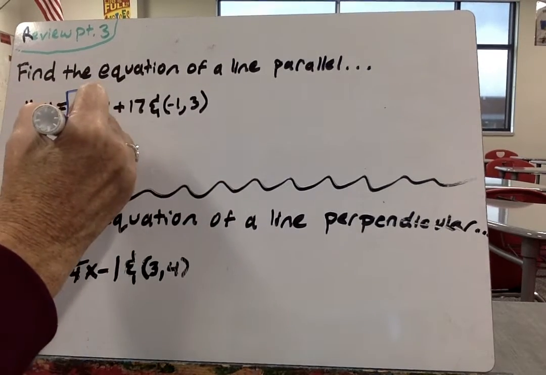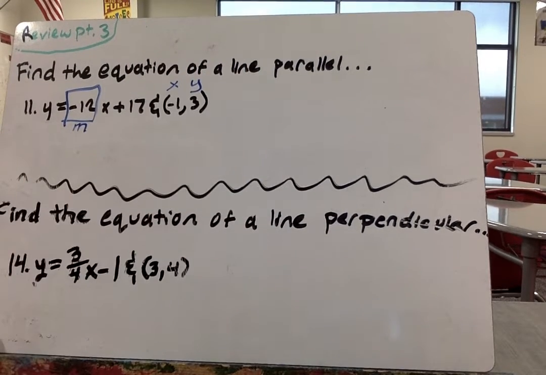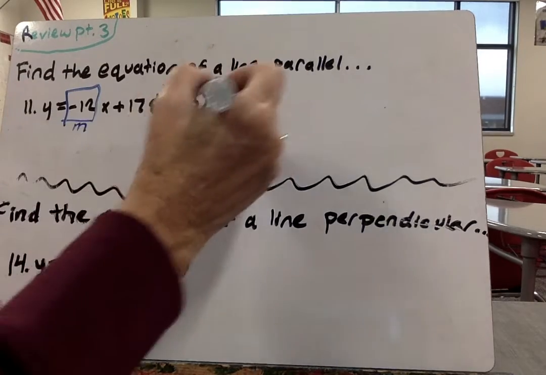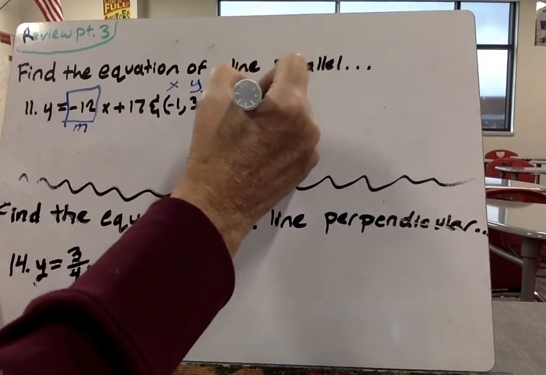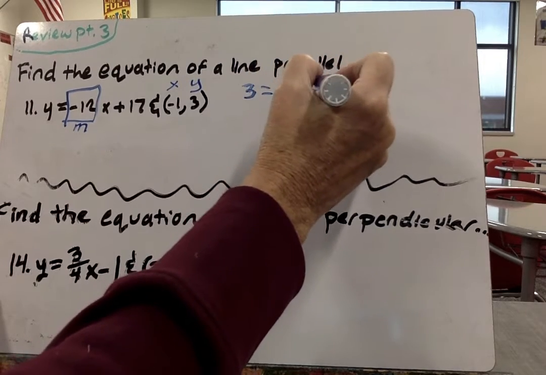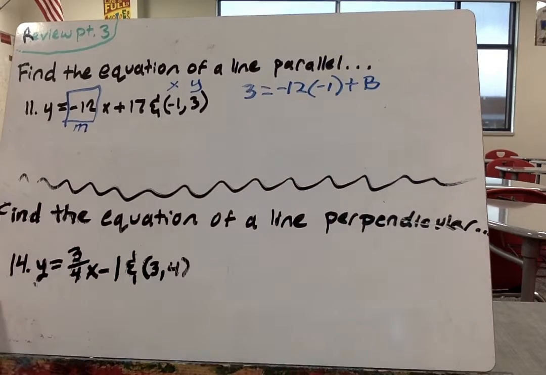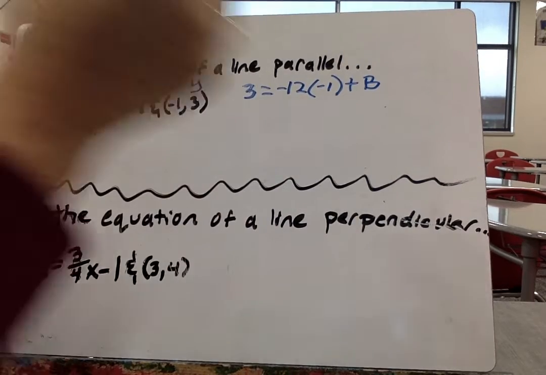So we know our m, we know an x and a y, we just don't know b. So we're going to solve for b like we did the other two, so we get lots of practice here. So we say our y is 3 equals m negative 12, our x is negative 1 plus b, and we're going to solve for b. This time I'm going to do it capitalized so you don't think it's a 6.